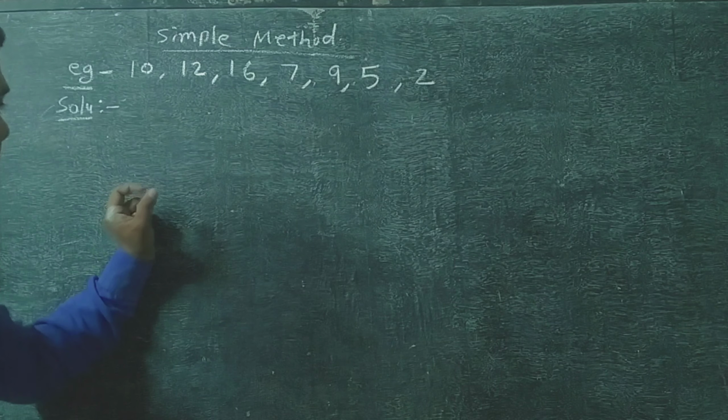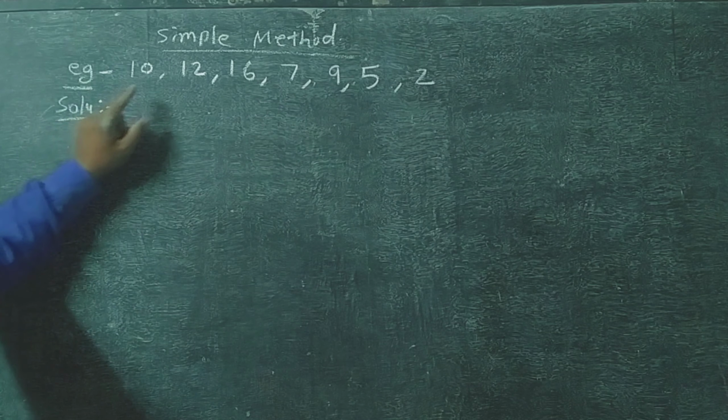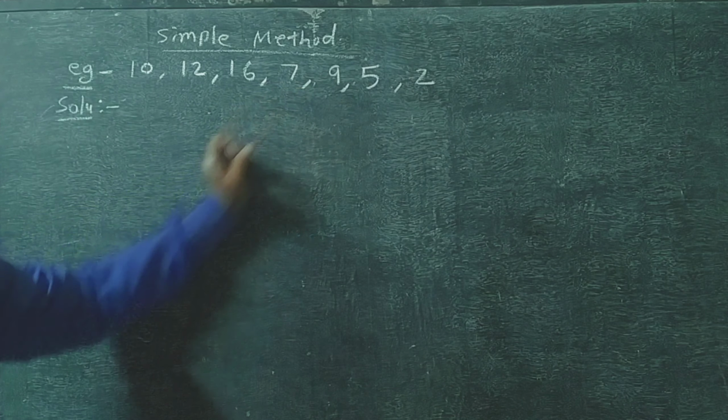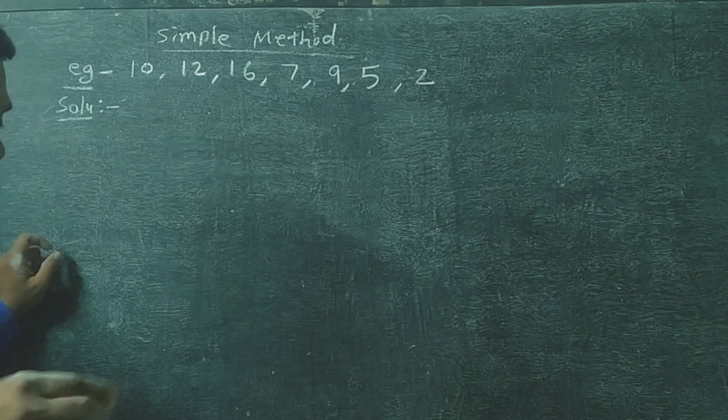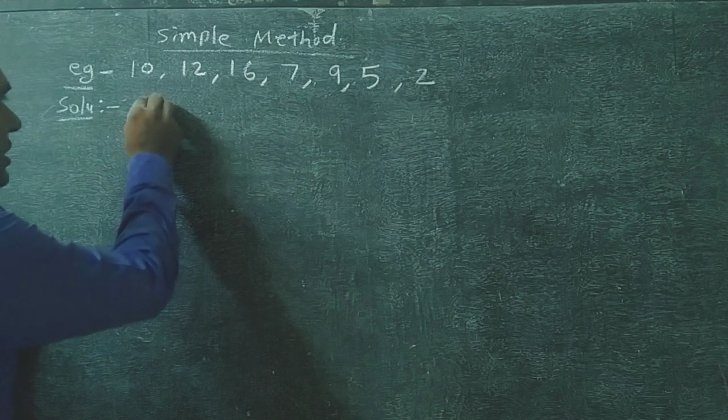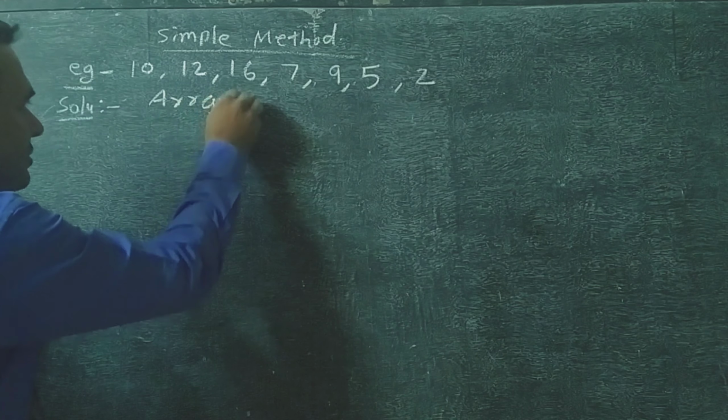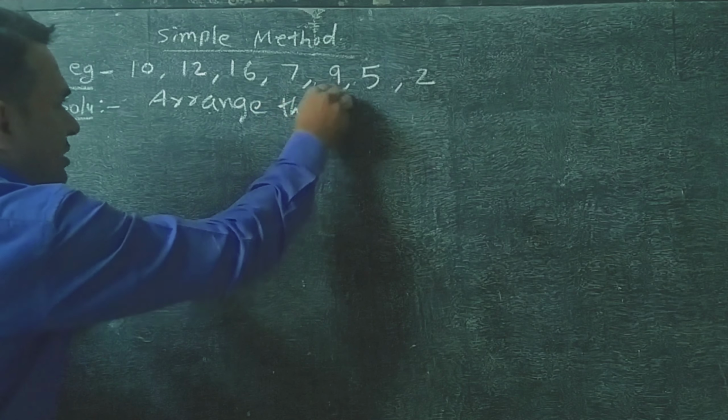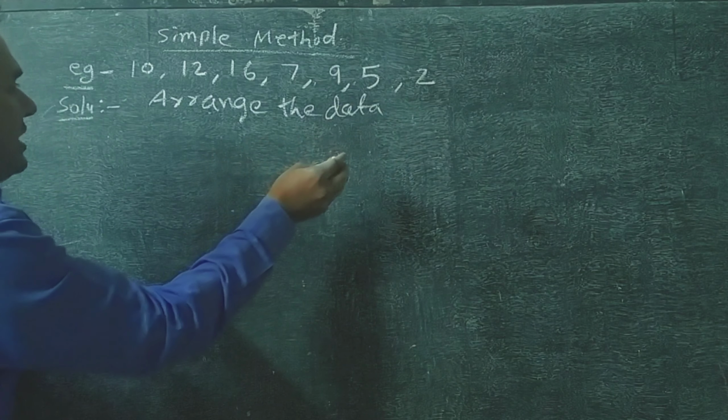Let's see our example. Here we have 10, 12, 16, 7, 9, 5 and 2. Then, when we solve it, first we arrange the data in ascending order.